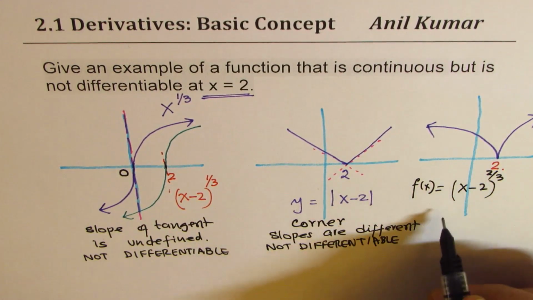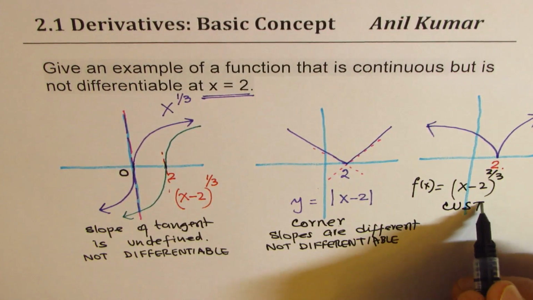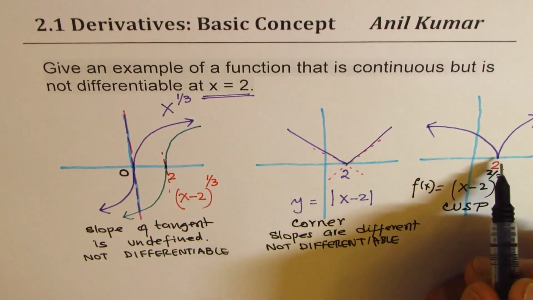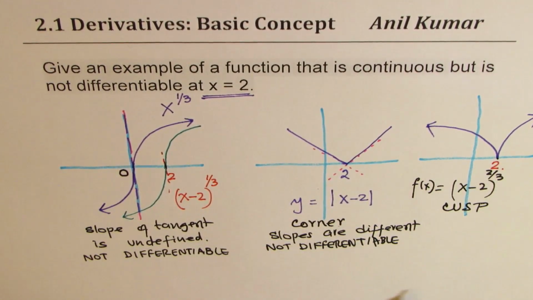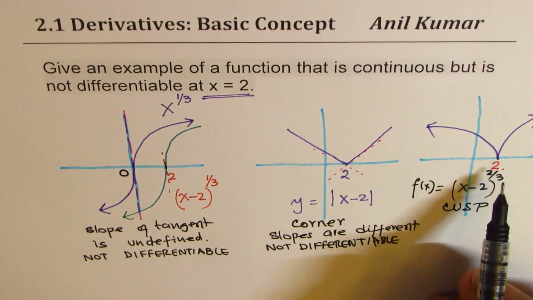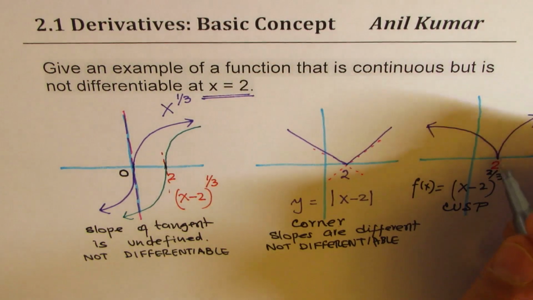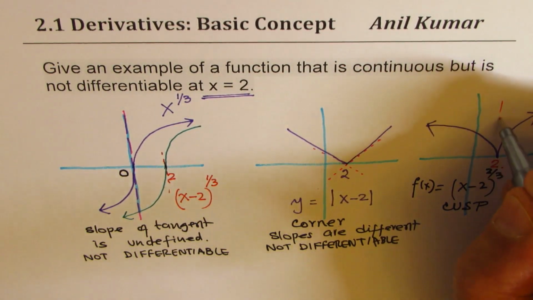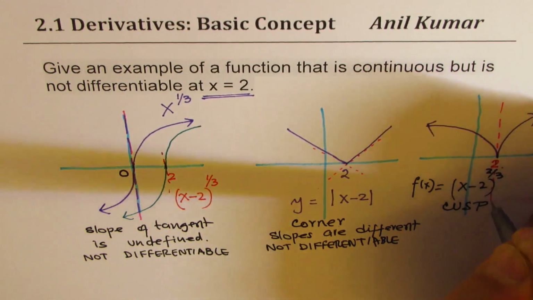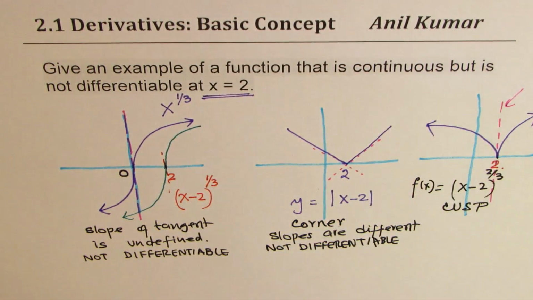So that cusp, remember, that cusp at a point makes it not differentiable, right? So it cannot be differentiated at 2, since again, the tangent is having a vertical slope, so it is an undefined slope.